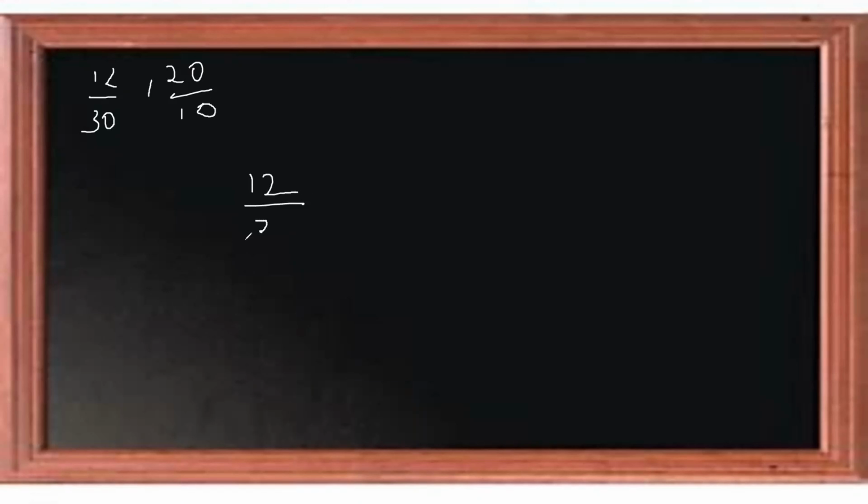Do you know the equivalent method? If you know, then it's easy for you. If you don't know, just look carefully. The LCM you got, you have to put it here like this. For the denominator, you need to divide 30 by 30.